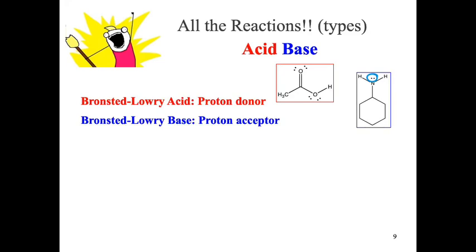ACS will ask a lot more base ranking questions on second semester because they already asked a whole bunch of acid ranking questions on the first semester. Kind of make sense? So don't fall into that trap.